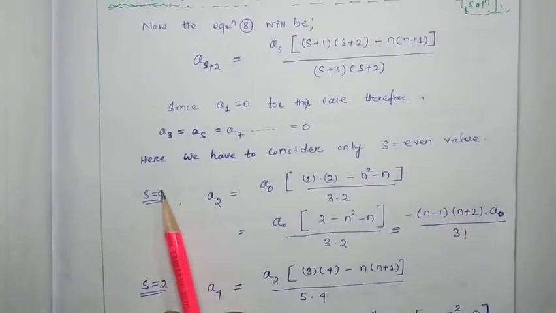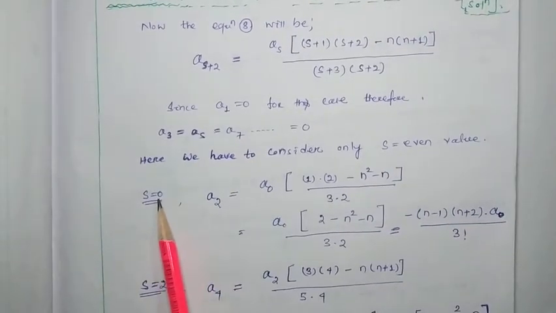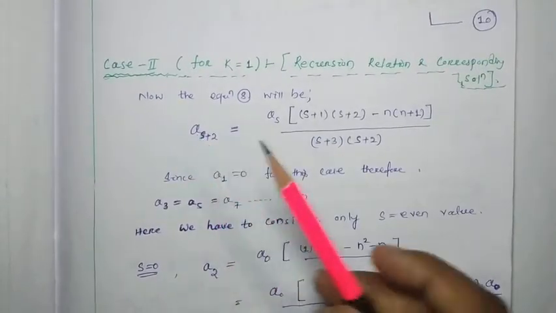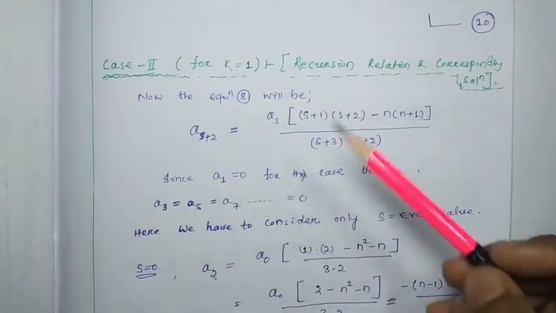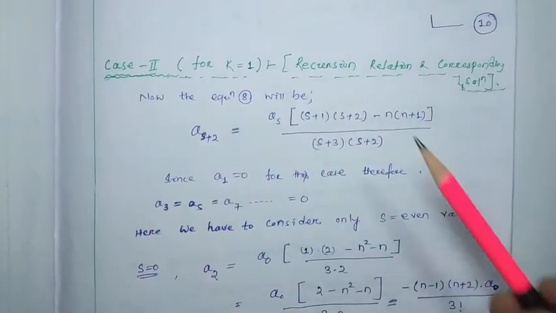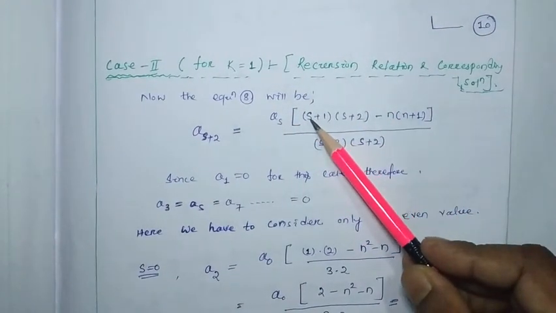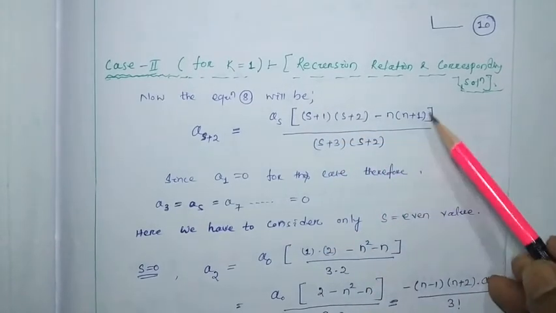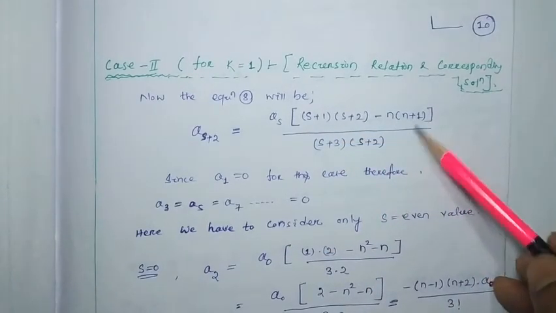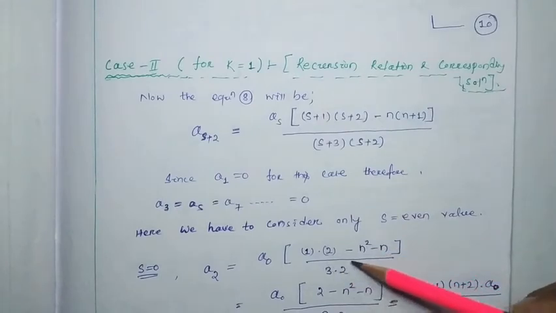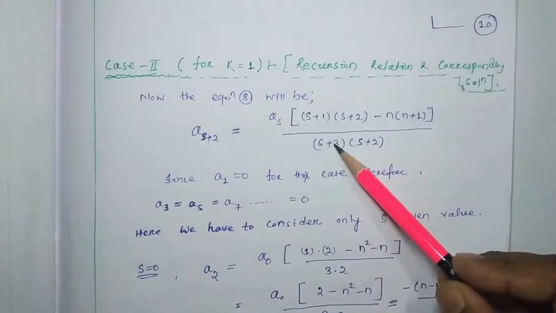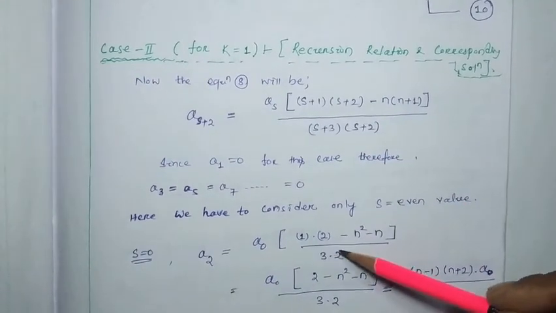So first we consider s equal to 0. That means a2 will be equal to a0 into, putting 0 here, 1 into 2 minus n square minus n, divided by 3 into 2.